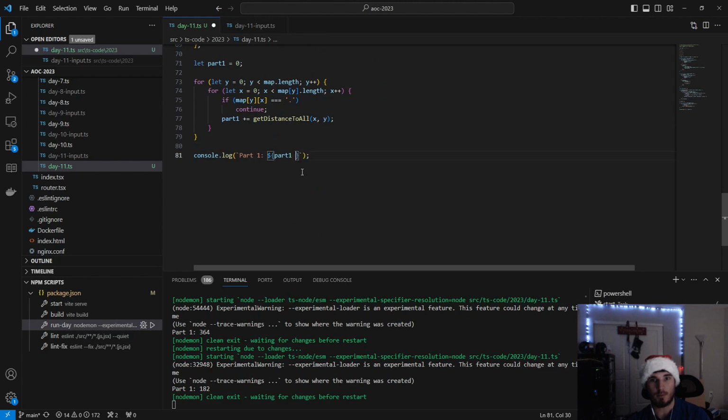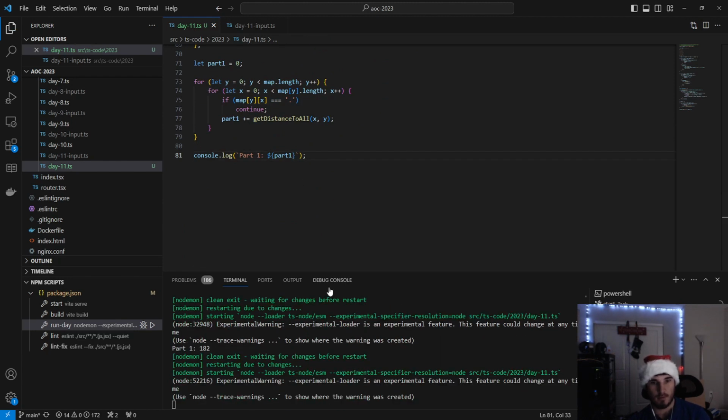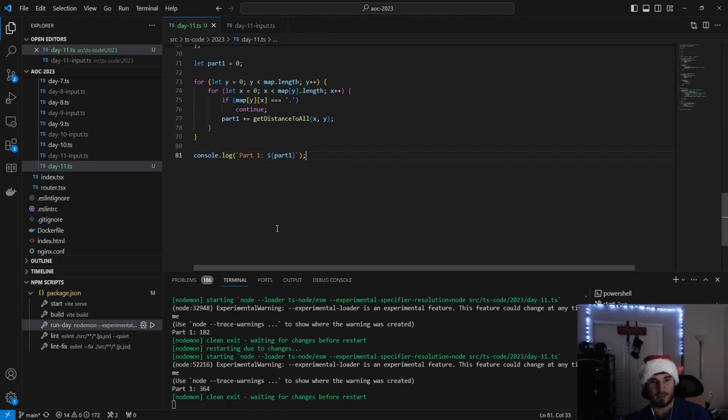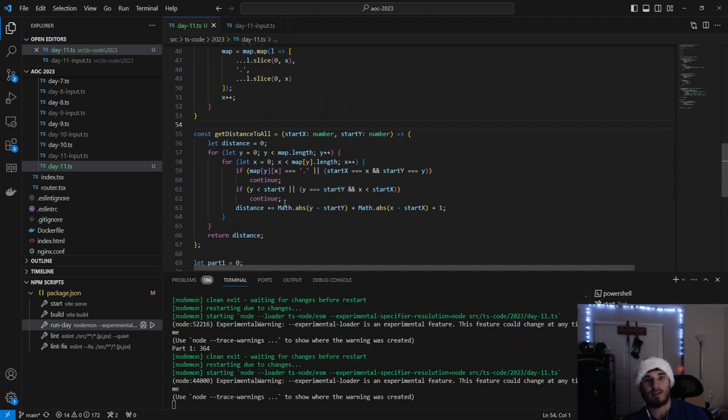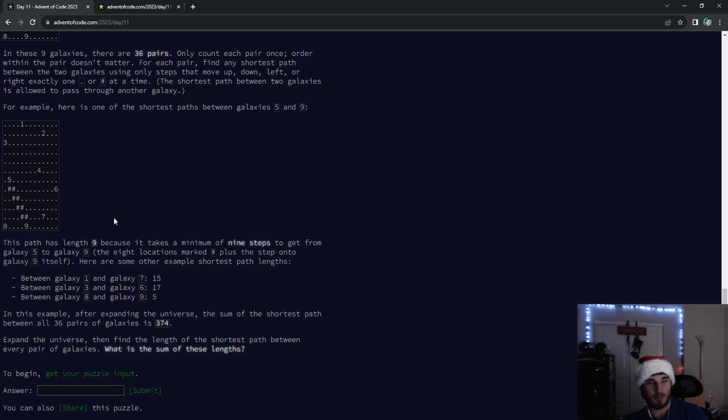Number divided by 2. And then back to 364. Okay, so now it's only calculating once.